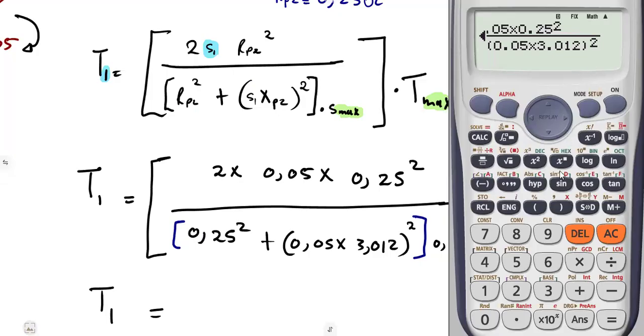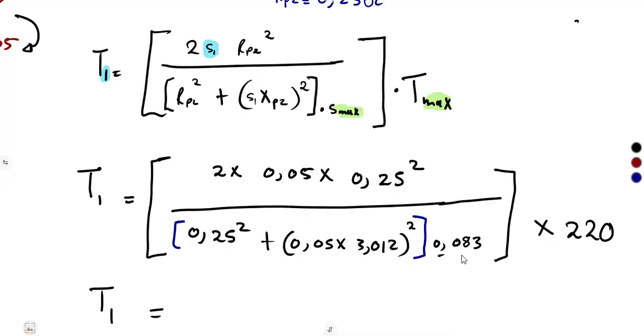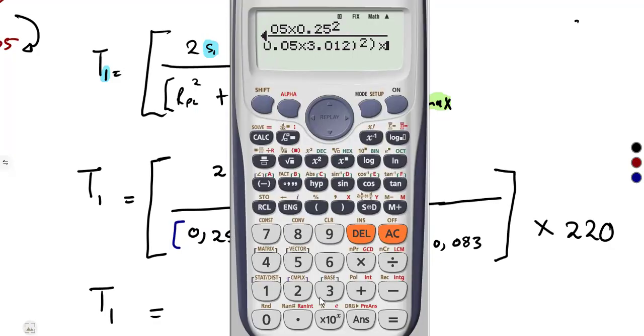After the squared like that, you're supposed to close the bracket to indicate that whatever we had is not affecting this other part that follows, because remember, there's the 0.083 which has to follow. So after closing the bracket, we multiply by 0.083, like that.